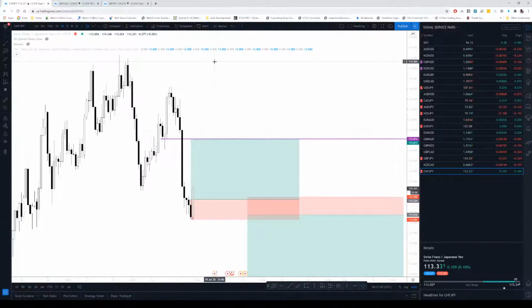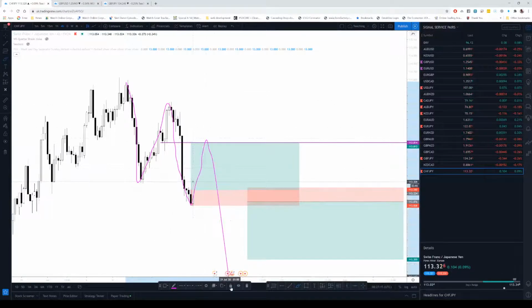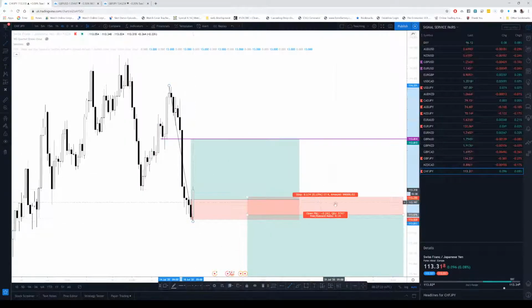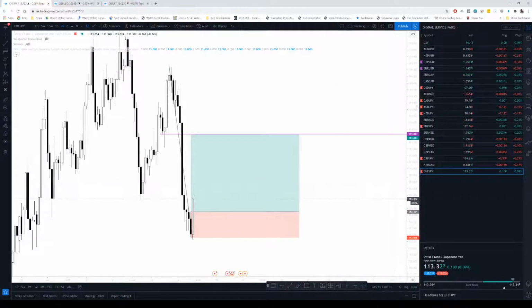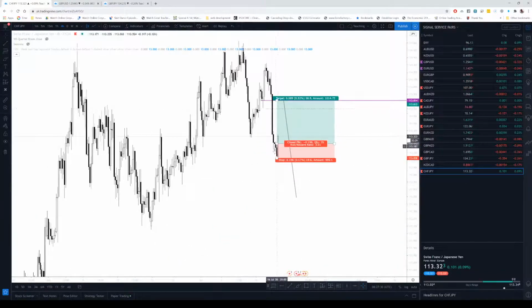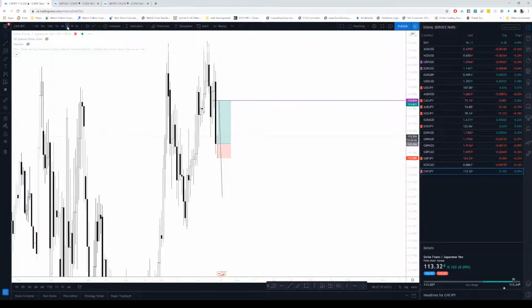Don't expect it to continue going up because we are bearish on this time frame. Yeah, we are bearish, so be looking for another leg back down. I would prefer to wait and go short.